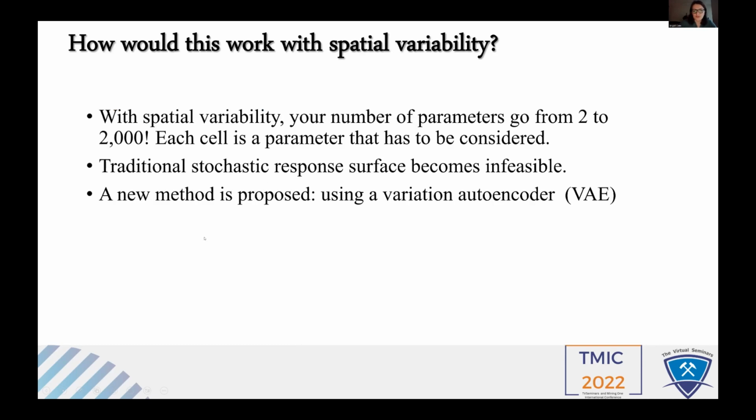But when you look at spatial variability, instead of two variables, you now have 2000 variables. For example, if you have 2000 cells, each cell is a parameter that has to be considered. So traditional stochastic response surface becomes infeasible. Basically, it would take way longer than actually just running a Latin hypercube or Monte Carlo. So a new method is proposed here called the variational autoencoder method.